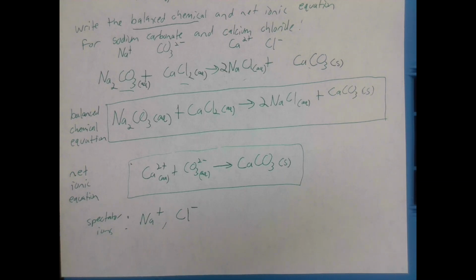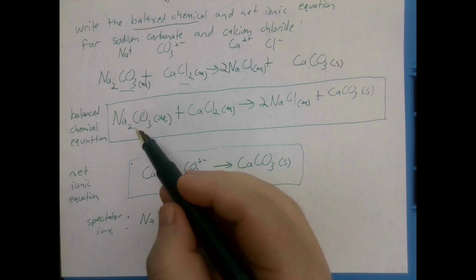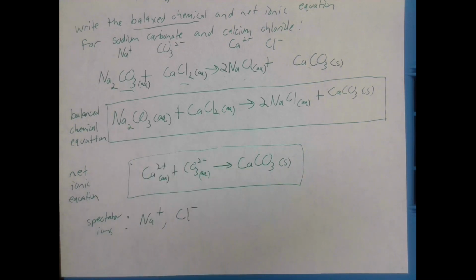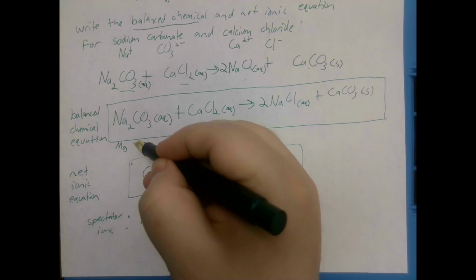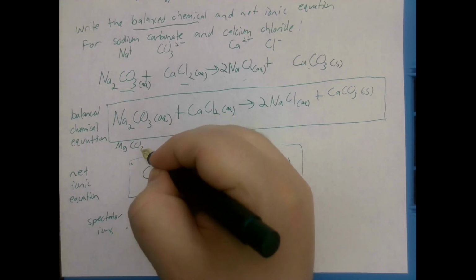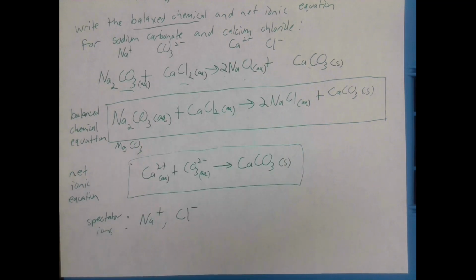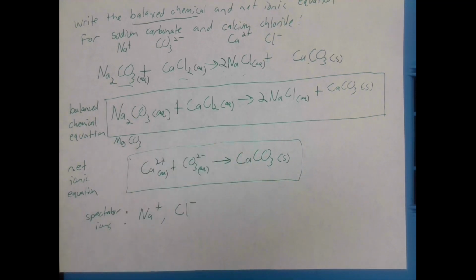What would happen if you look inside your drawer and you have no sodium carbonate? What would happen if you change it to magnesium carbonate? It wouldn't change anything. You can replace this chemical with magnesium carbonate, assuming magnesium carbonate dissolves in water. It still needs to be aqueous.